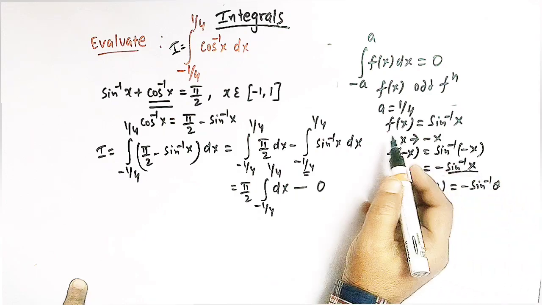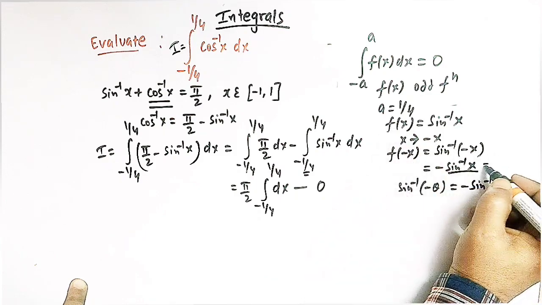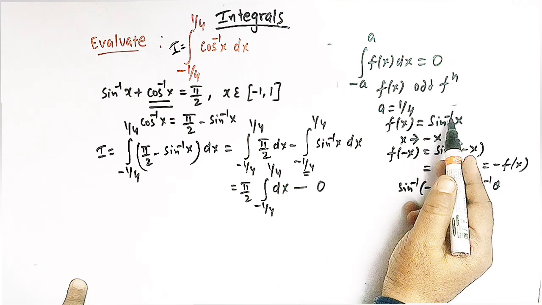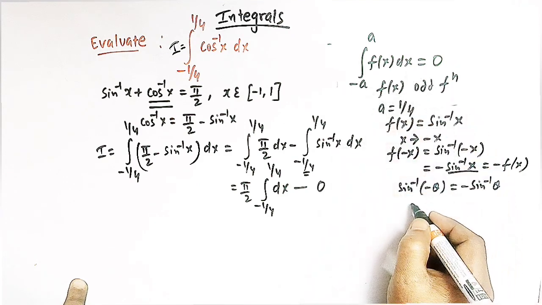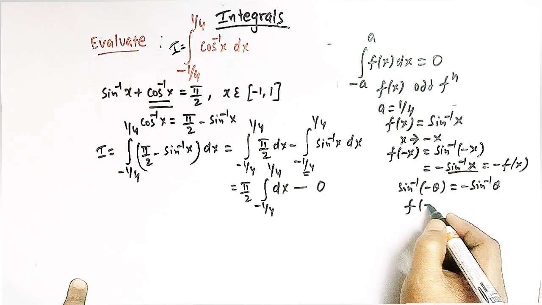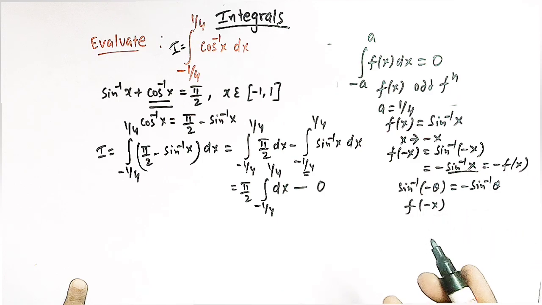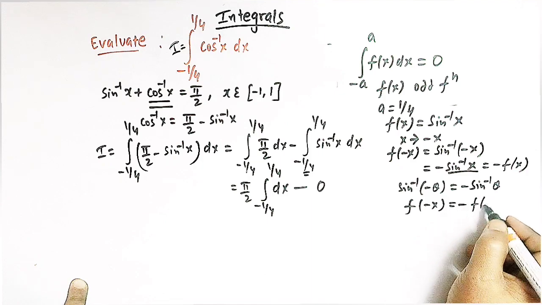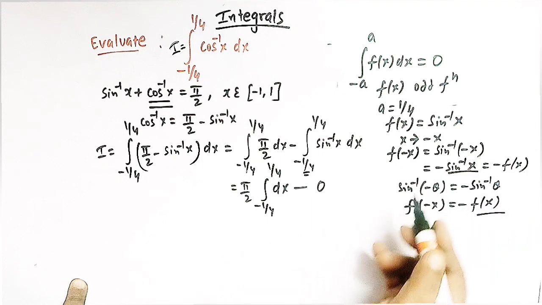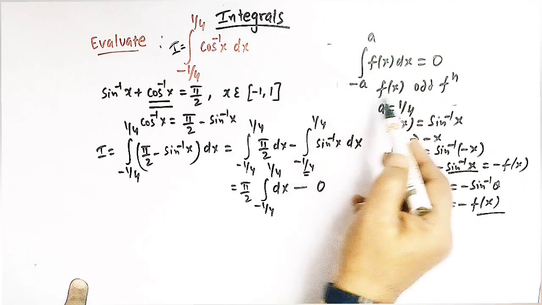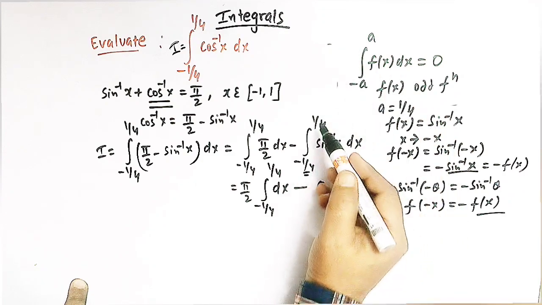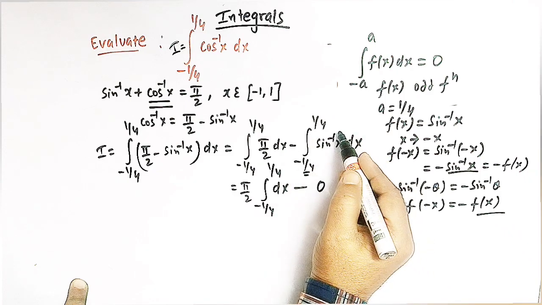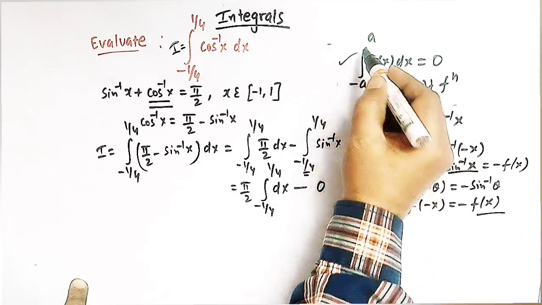Since sine inverse x is f of x, we have minus f of x. So sine inverse x is an odd function, because a function f of x is said to be odd if f of minus x is equal to minus f of x. So the value of the integral from minus 1 over 4 to 1 over 4 of sine inverse x dx is equal to 0 due to this property.